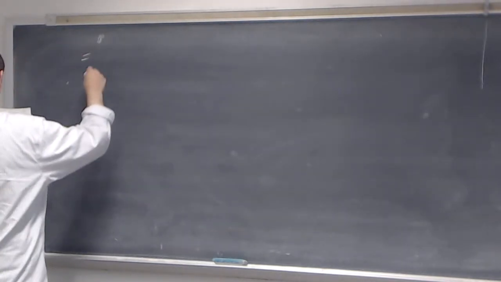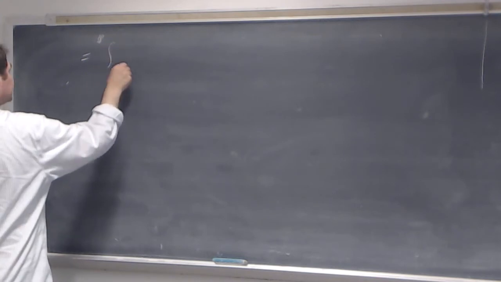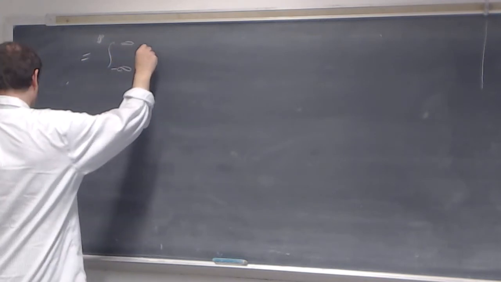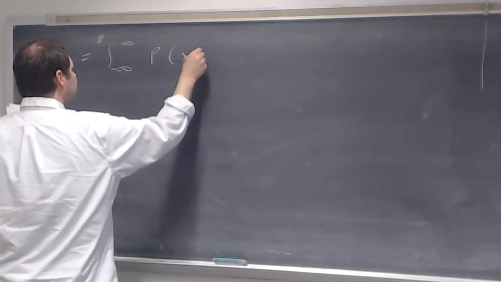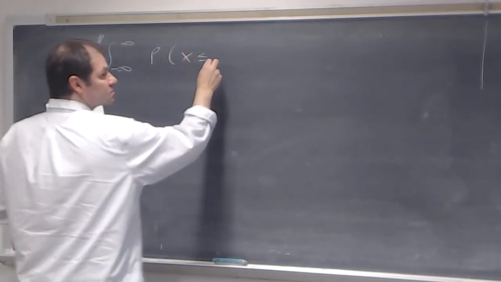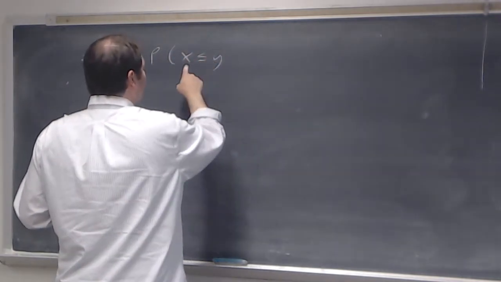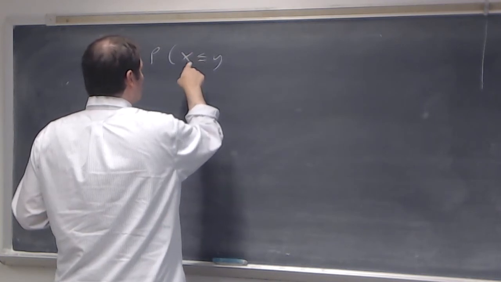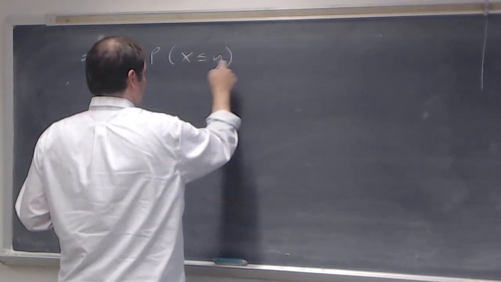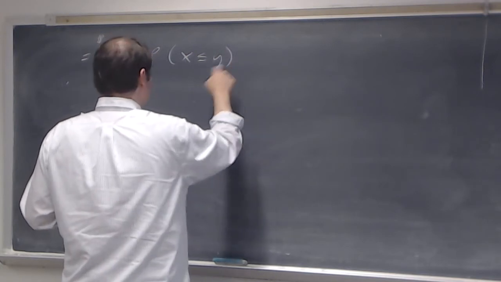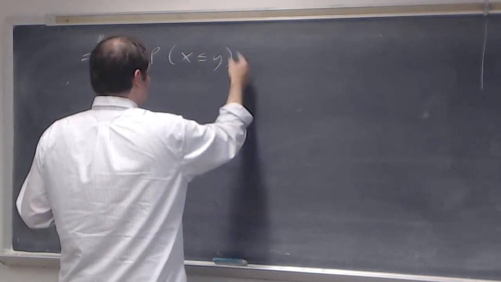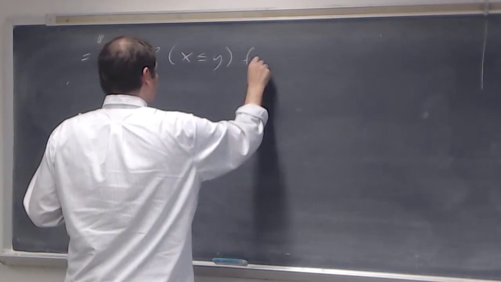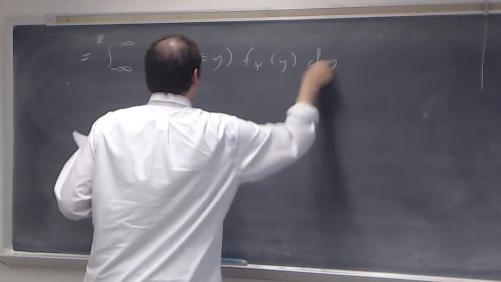That is equal to the integral from minus infinity to infinity of the probability that X is less than or equal to y, and the equal to part comes into effect because X is a continuous random variable, so equaling to y doesn't add anything, f sub Y of little y dy.